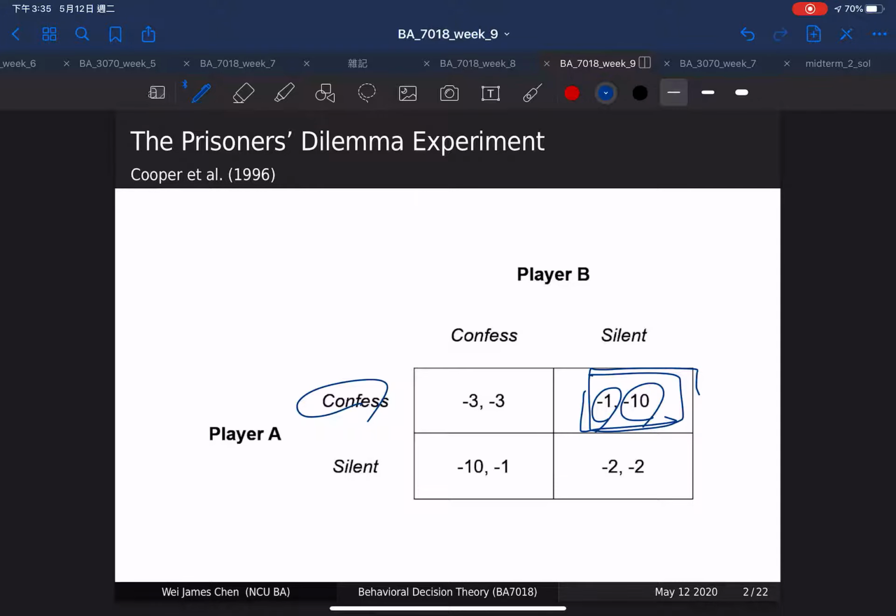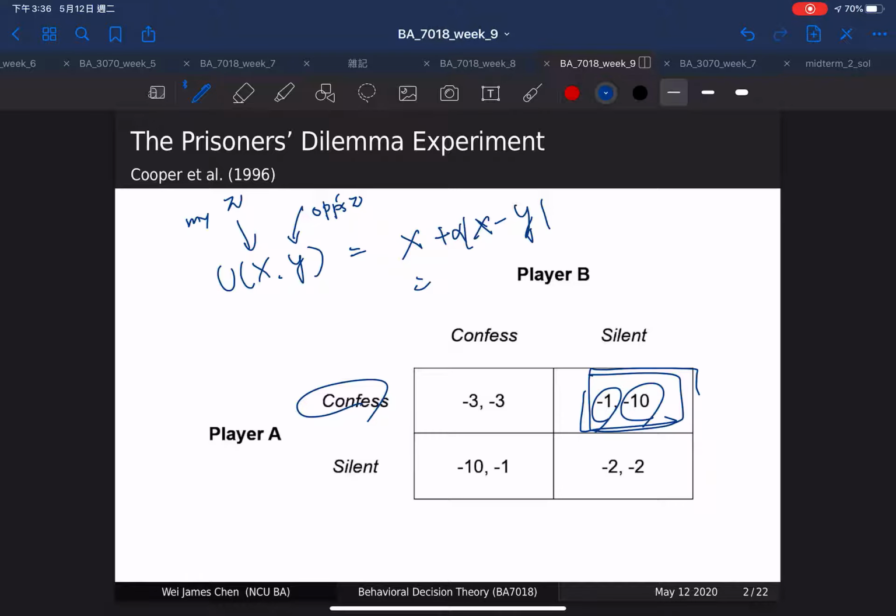Theoretically, I shouldn't care about him. But if my utility function looks like this, where this is the opponent's payoff and this is my payoff, then for example, it means I care about my payoff, plus the alpha here.